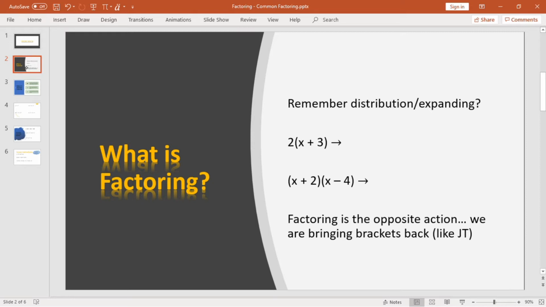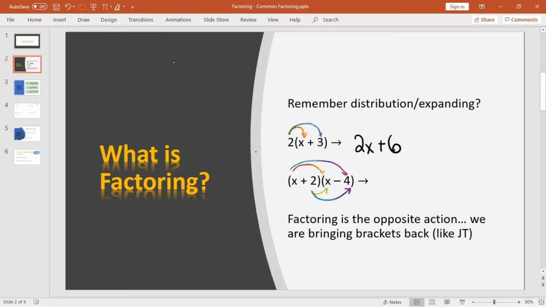When we were talking before, we were talking about distribution and expansion, where you would take the thing outside the brackets and make sure you multiplied it by everything inside the brackets, using FOIL for binomials or the array, and just distributing for monomial times binomial. So we would have 2 times x is 2x, and then 2 times 3 is plus 6.